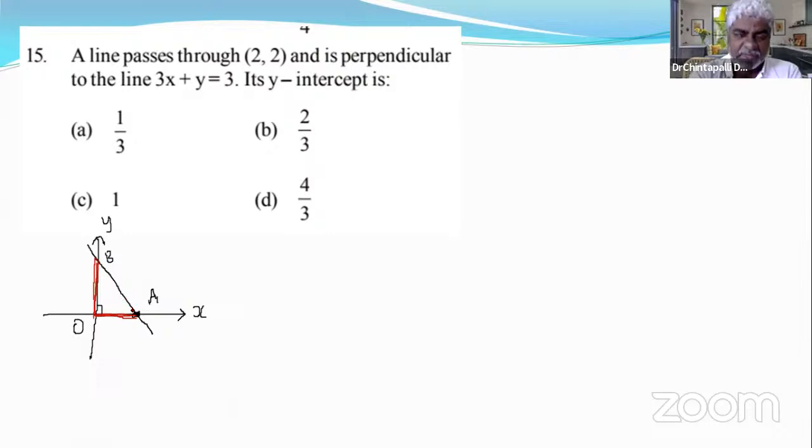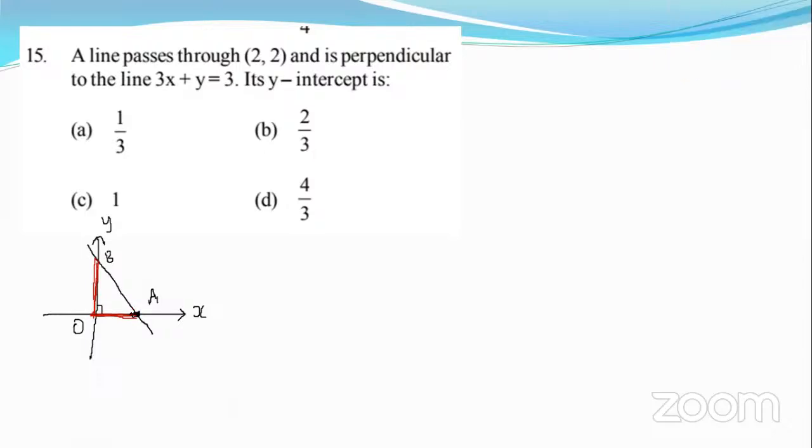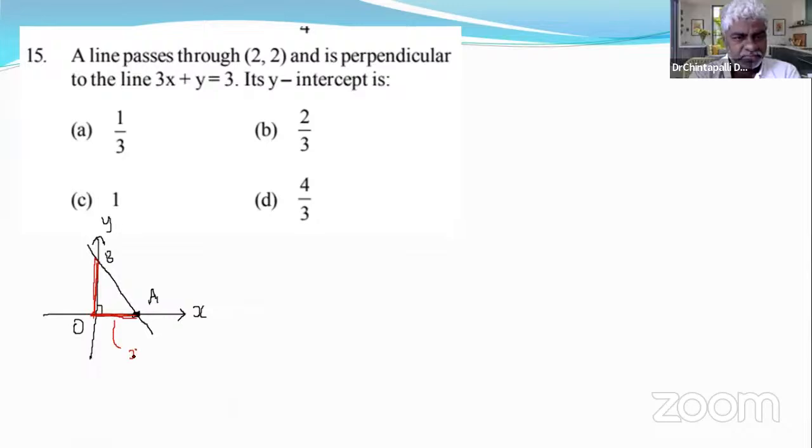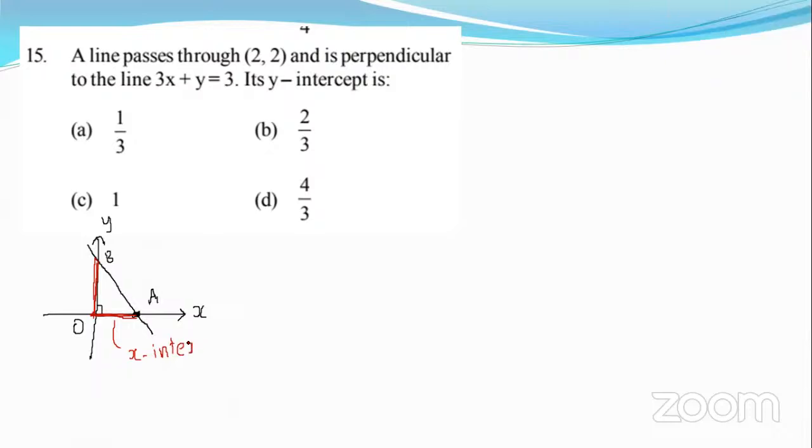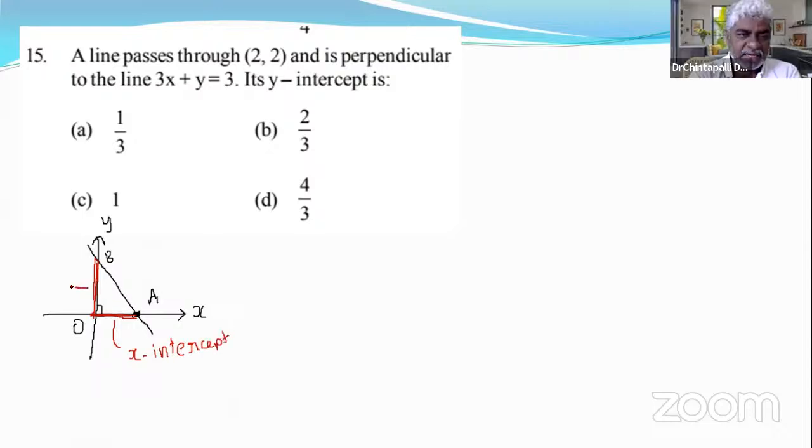So x-intercept means the distance between the origin and the point of intersection of that line with the x-axis. This is called the x-intercept. This is called the y-intercept.